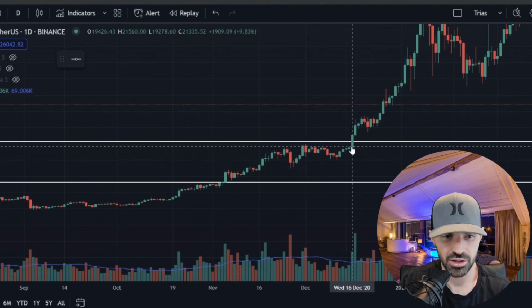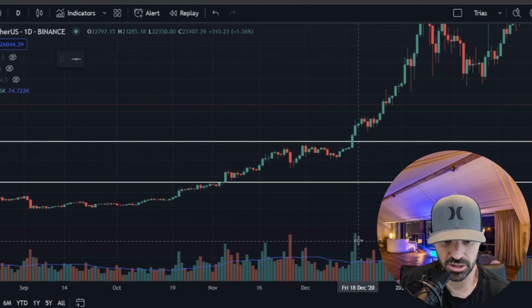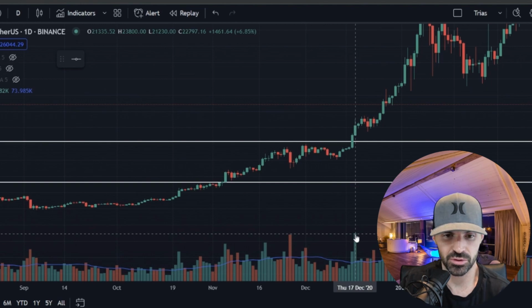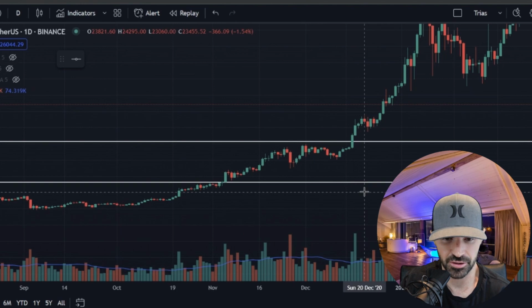And again, you see here on the 20K resistance, once it broke that, volume came in with a big, huge green volume bar. So this acts as confirmation that the price was going to go higher.